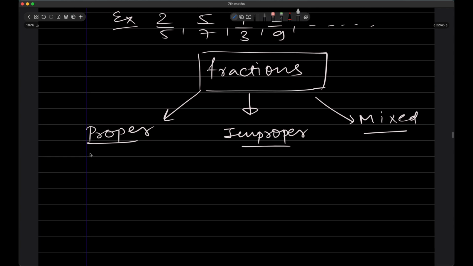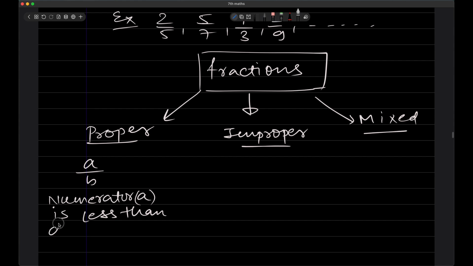Proper fraction, that is of the form a divided by b, where numerator a is less than denominator.